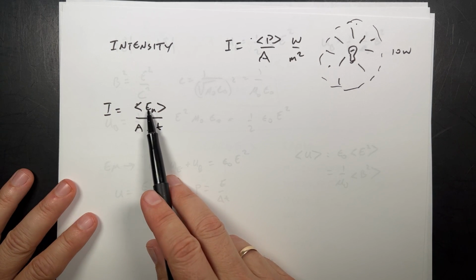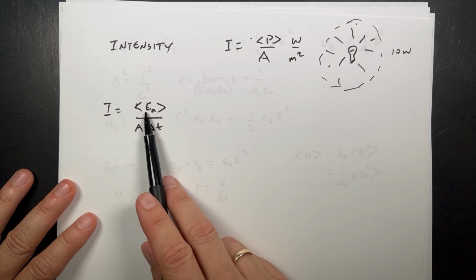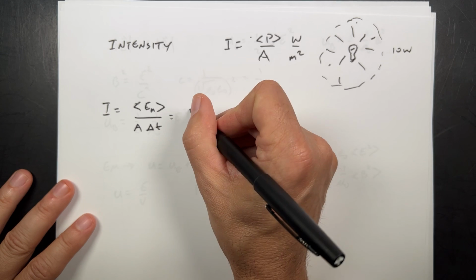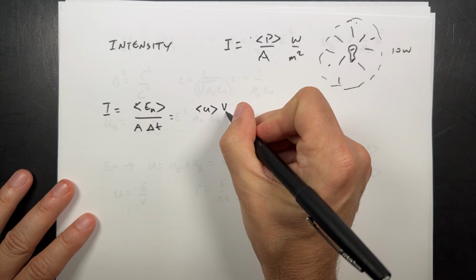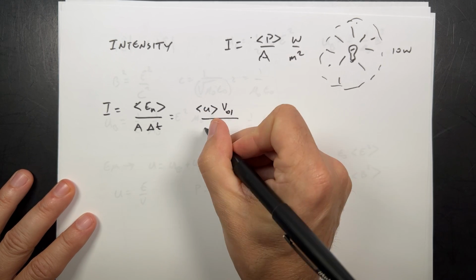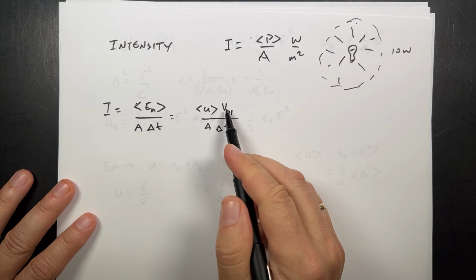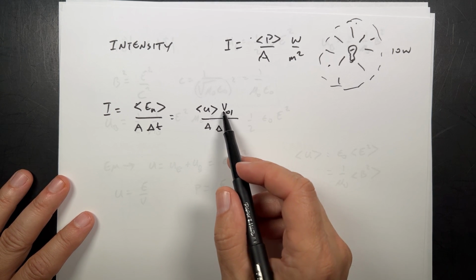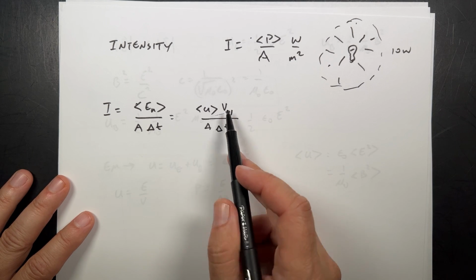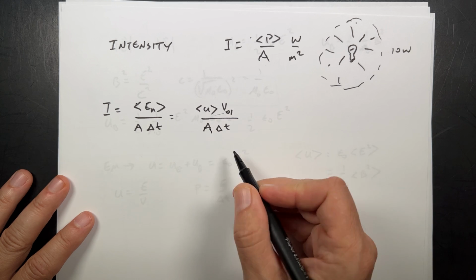Now I can write the average energy as the energy density times the volume. So this is going to be U, the average energy density, times VOL, A, delta T. Don't confuse that with velocity or voltage. It's the volume. And so this is the energy, and this divided by that is the power.